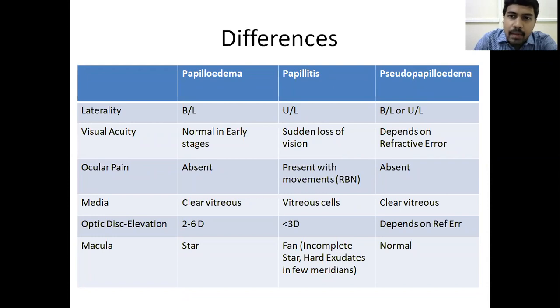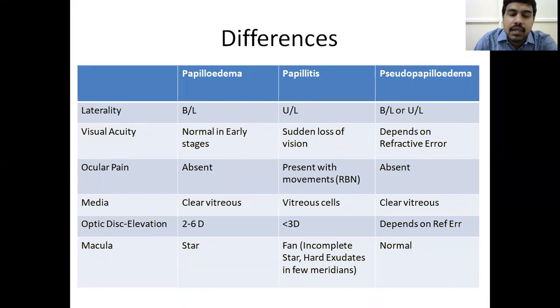So pseudopapilledema means the optic disc is swollen, but there is neither any active inflammatory lesion nor any raised intracranial tension. It is because of structural anomalies, such as developmental anomalies.